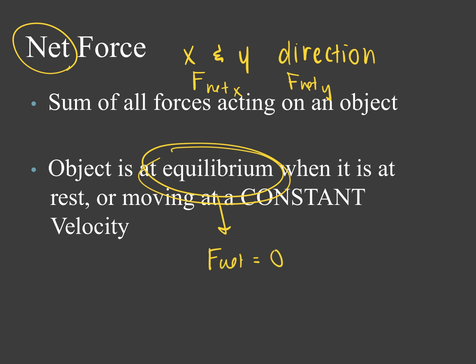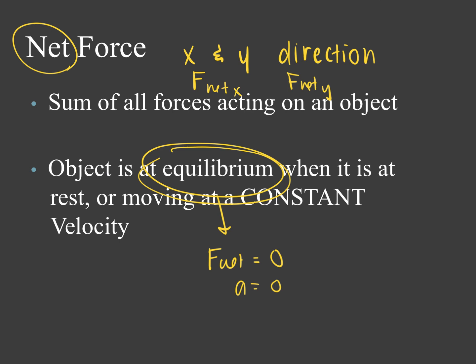Okay, and so that means that our positive forces and our negative forces must cancel each other out. They equal each other. That would mean that I have an acceleration of 0. If my object is at rest or at a constant velocity, I have a net force equal to 0.